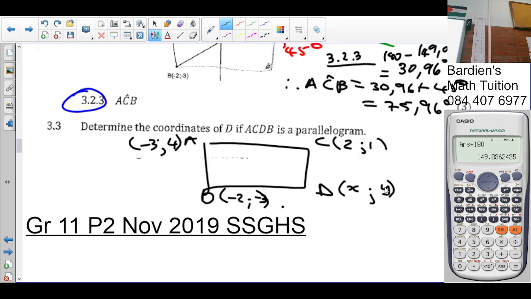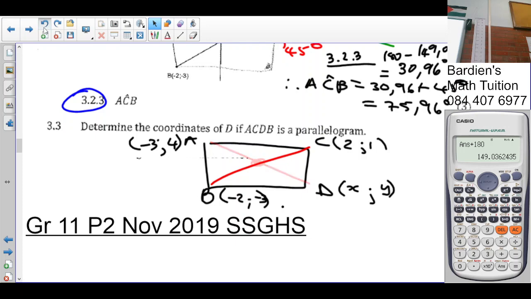Now, there's one of two ways of doing it. We can do it by transformation, or we can work out the midpoint of BC, and then you use the reverse of that midpoint to work out D. That's one way.